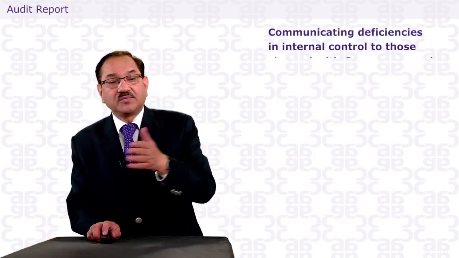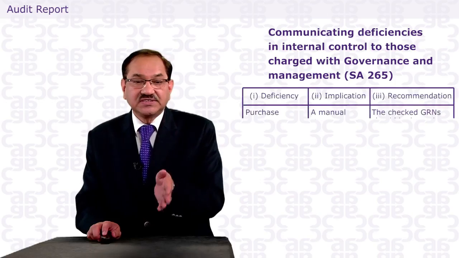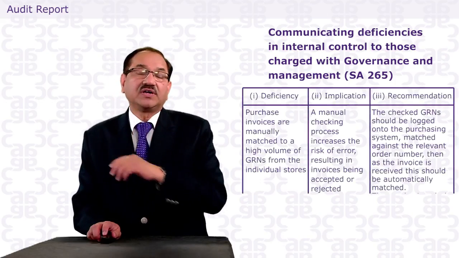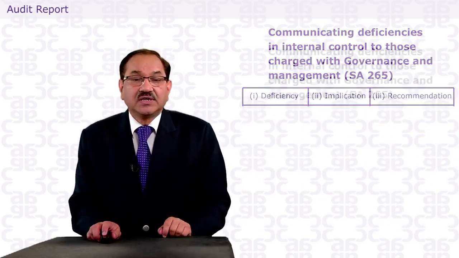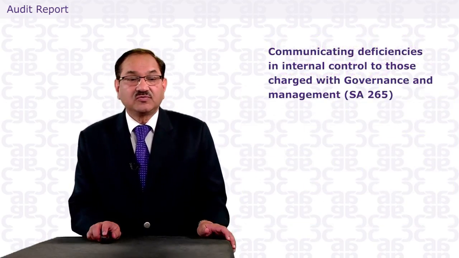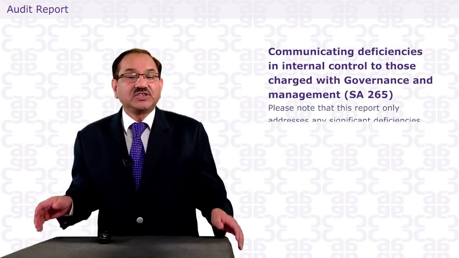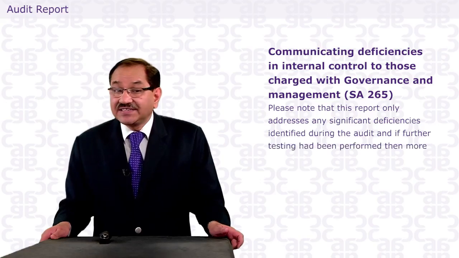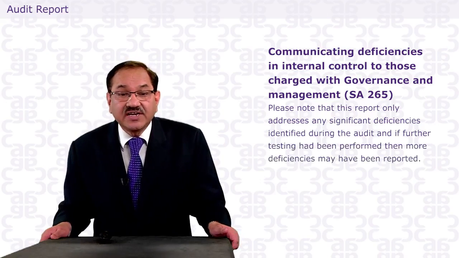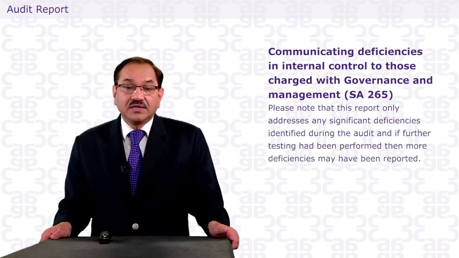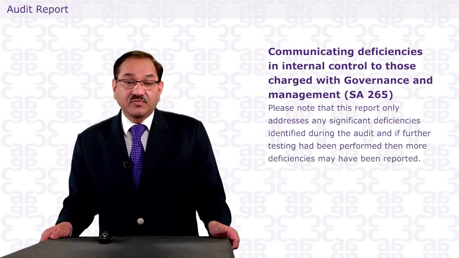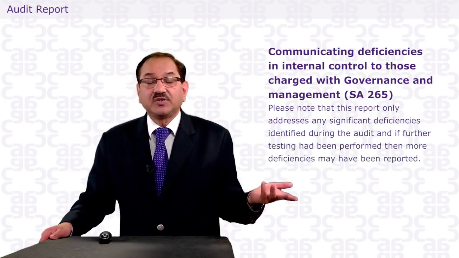And then you can report like this: what is the deficiency, what is the implication, what is your recommendation about it, and that should be given to the management. Please note that this report only addresses the significant deficiencies identified during the audit, and if further testing had been performed, then more deficiencies may have been reported.